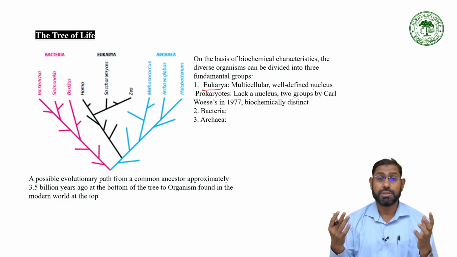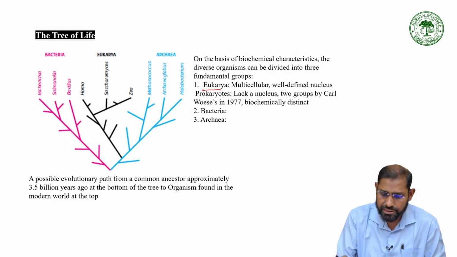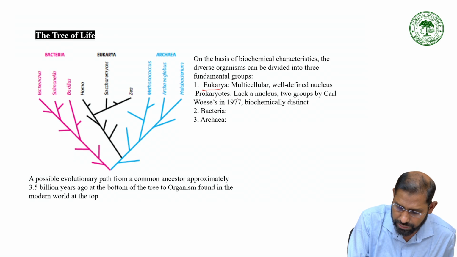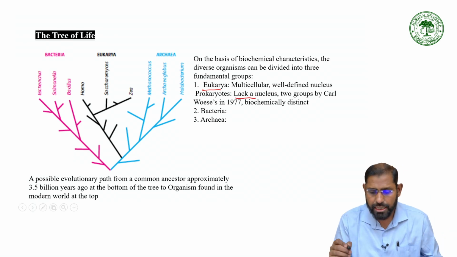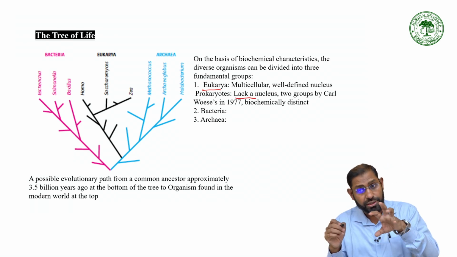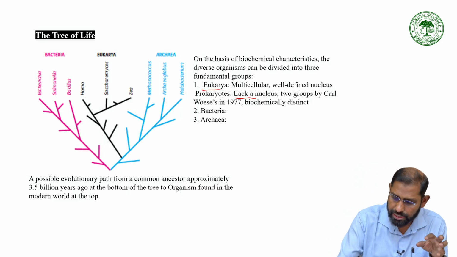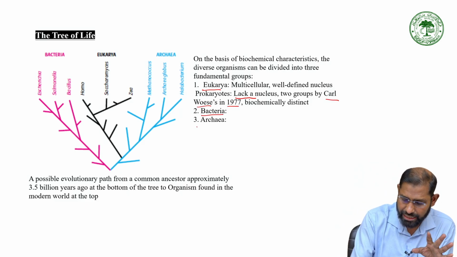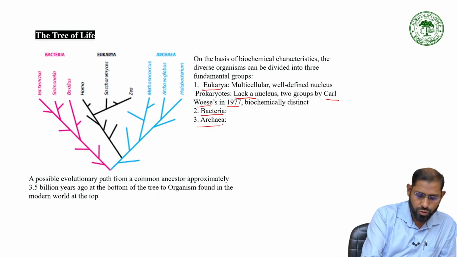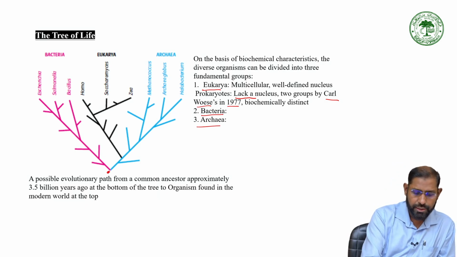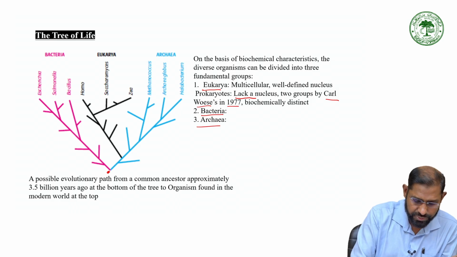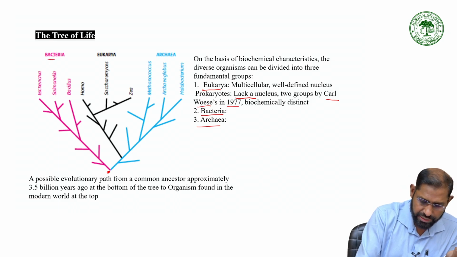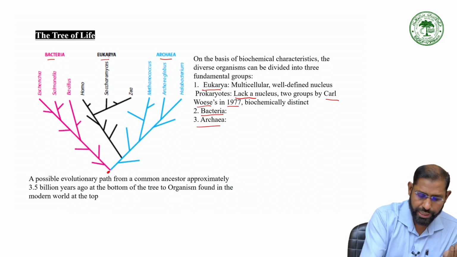Then prokaryotes lack a nucleus, meaning there's no nucleus in prokaryotes. Prokaryotes were further divided into two groups by Woese in 1970, called bacteria and archaea. So we have a common origin here, and then three groups: bacteria, archaea, and eukaryotes.